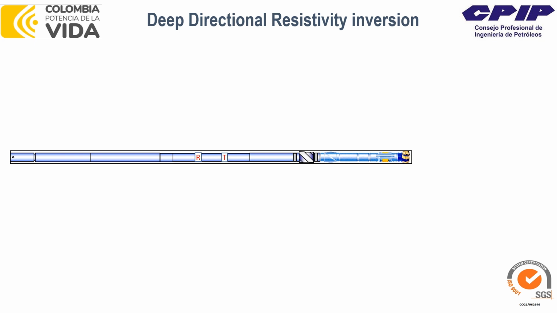And here is a very important thing: the depth of investigation of such tools depends a lot on the spacing between the receiver, as we have here, and the transmitter. This spacing for conventional tools, as I told you, is a maximum of 40-something inches, which gives us a depth of investigation slightly more than 1 meter.